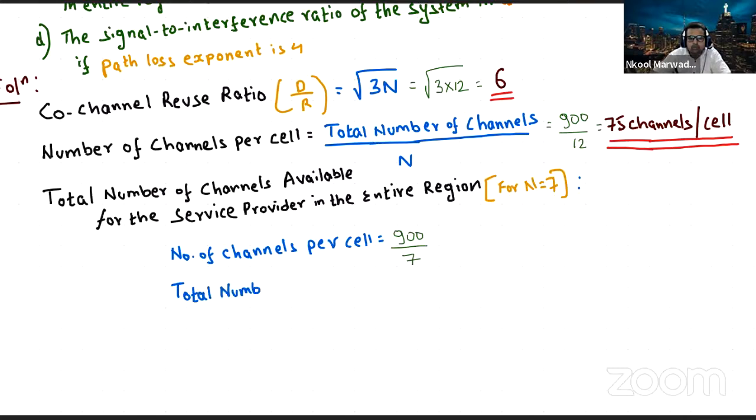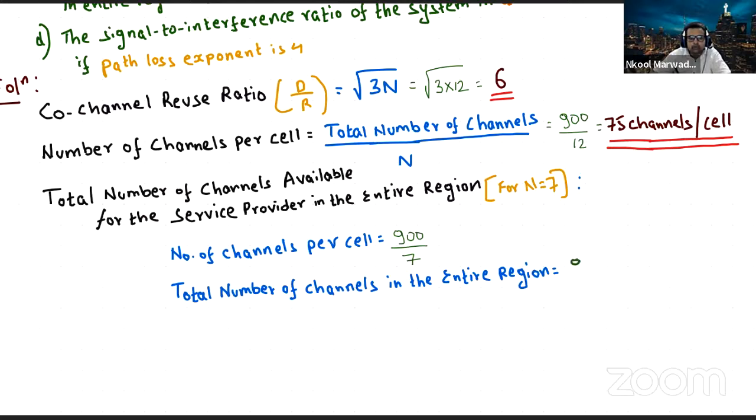Total number of channels: 900 by 7 into 1.